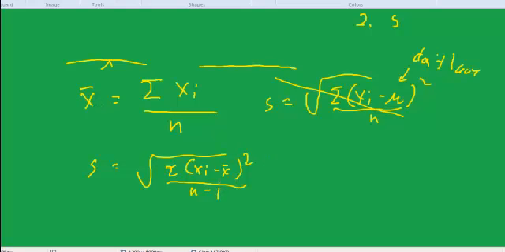Now, this concept of using up some data is called reducing the degrees of freedom. And this concept of degrees of freedom will show up in the t-distribution.